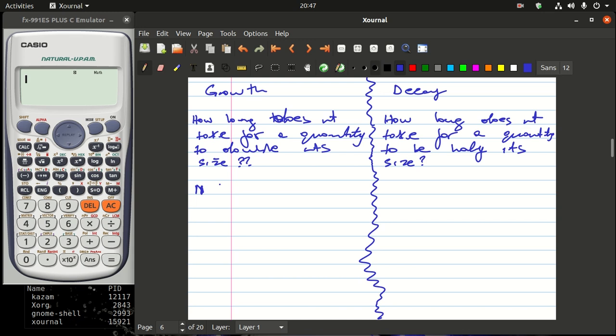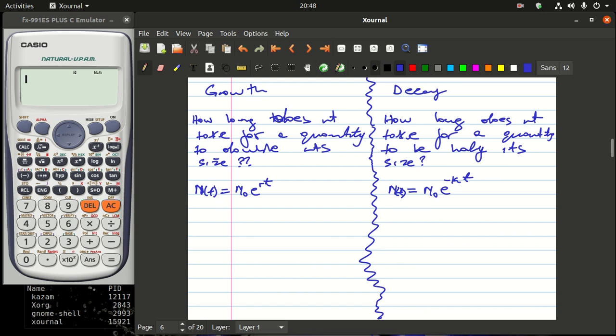I have N of T is equal to N naught, and then I have e raised to rT, and this side I have N of T is equal to N naught e to the minus kT. How long does it take?